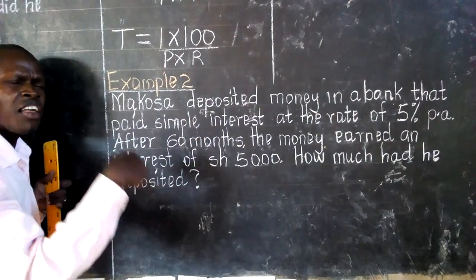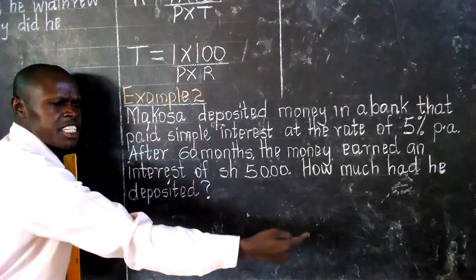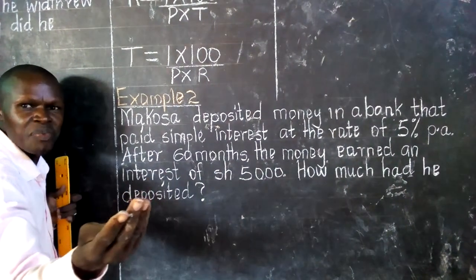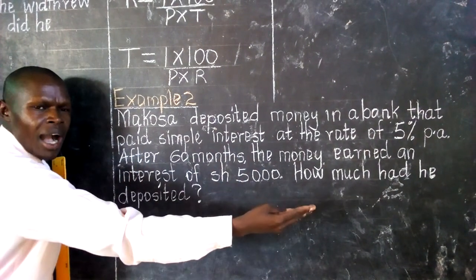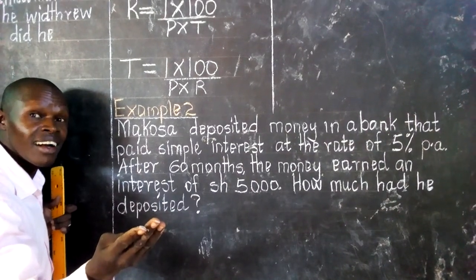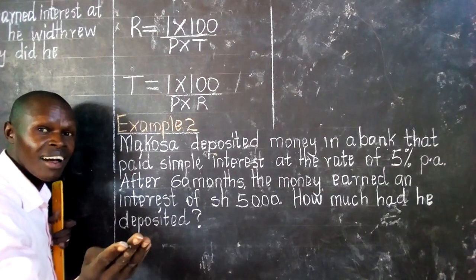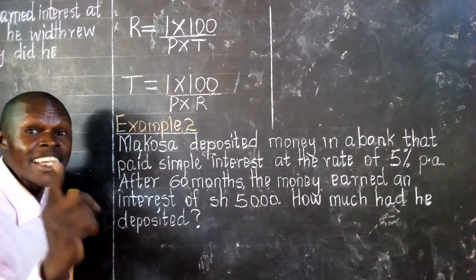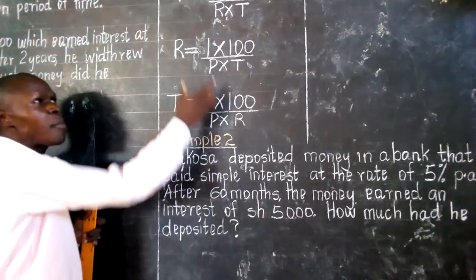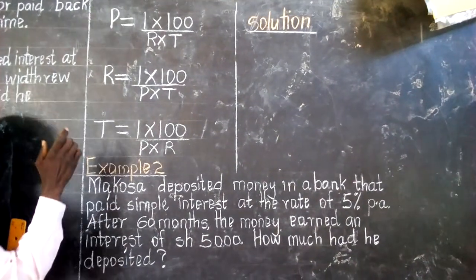How do we call the money that you deposit in the bank? Money that you deposit in the bank or you borrow from the bank. How do we call it? We learned this one? Yes. Principal. We are looking for the principal. Let us go back to our formulae.